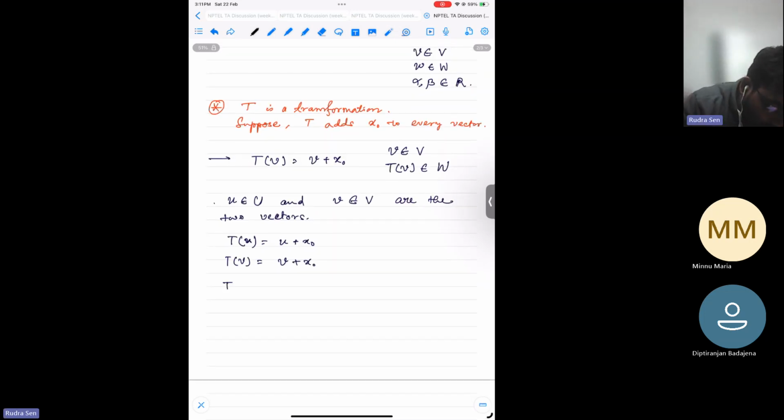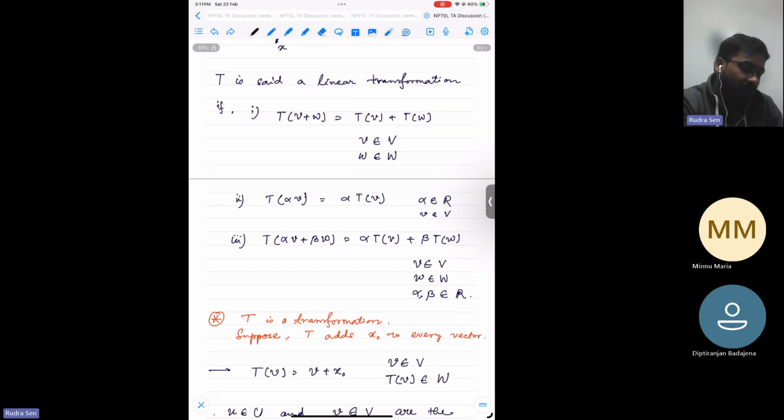Now if we do the transformation on U plus V, which is a new vector, we get U plus V plus X naught. According to the first property, T of U plus V should be TU plus TV.